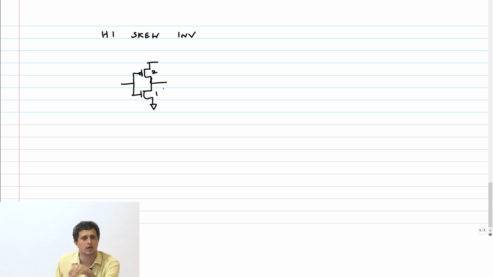I want to construct a high skew inverter, which means I want to favor the rising edge. Rising edge is determined by the PMOS. Therefore, the PMOS I want to leave it as it is, because that resistance is already R. I can't reduce that any further. Therefore, my high skew inverter will be like this. This is fixed.